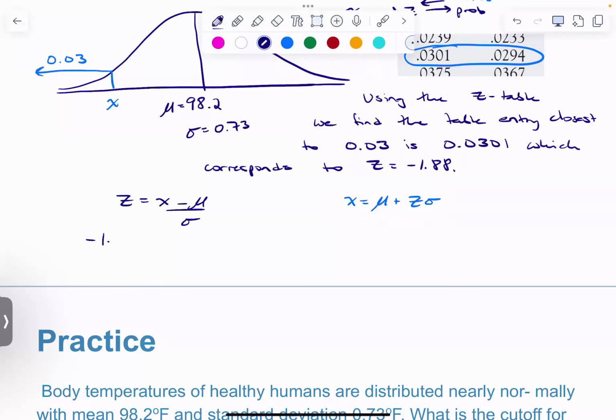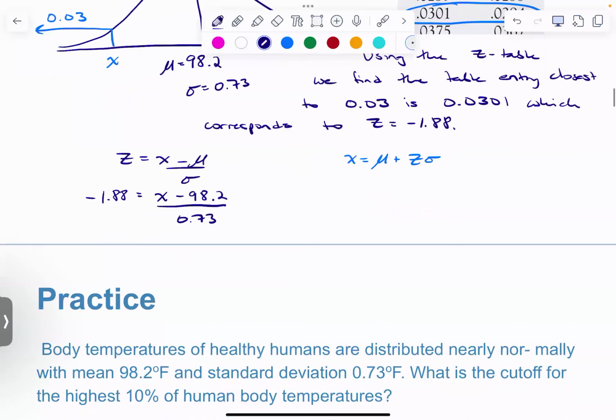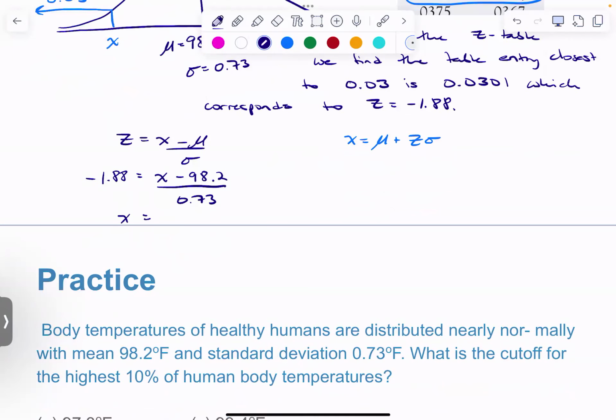So if Z is negative 1.88, I'm solving for X: minus 98.2 divided by 0.73. To keep it on the same page, what do I have to do? Negative 1.88 times 0.73, then add 98.2.